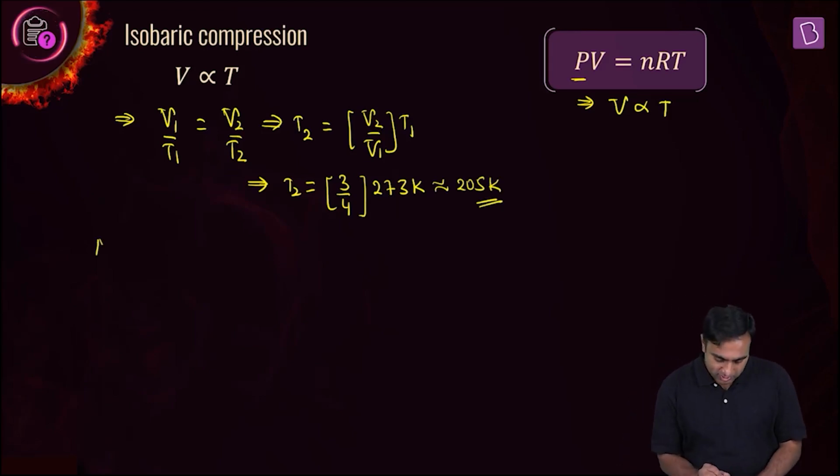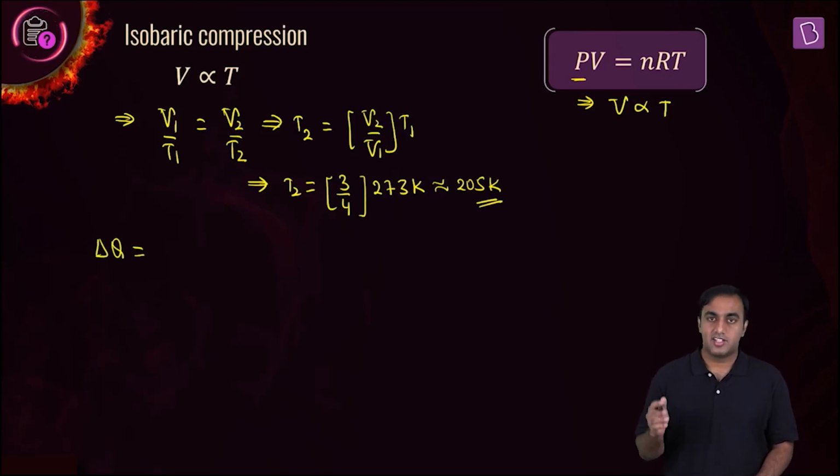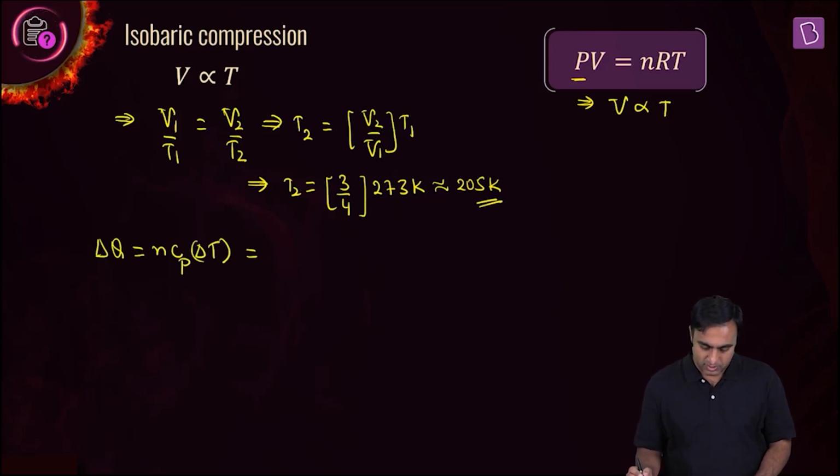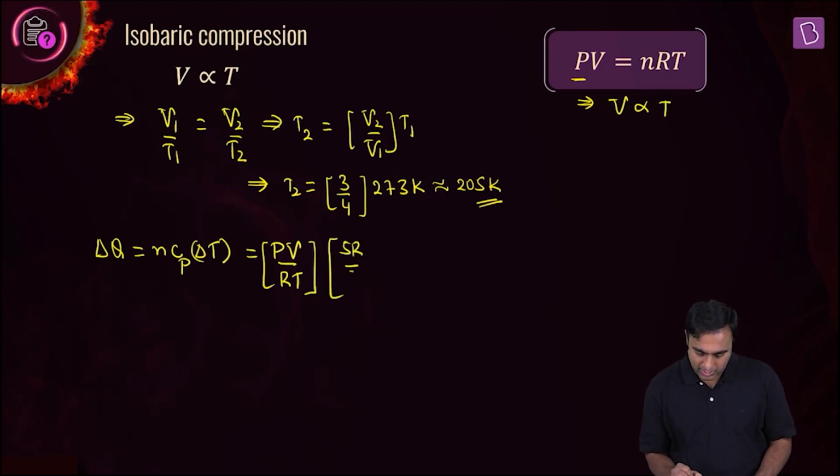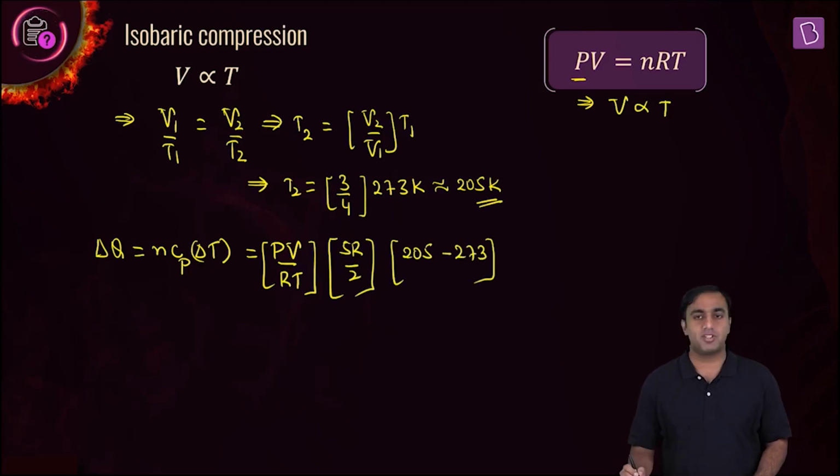Let's go back to that equation and write the heat removed from the system to be N Cp delta T. And this happens to be PV by RT into 5R by 2 into final temperature, which is 205 minus the initial temperature, which is 273 Kelvin.